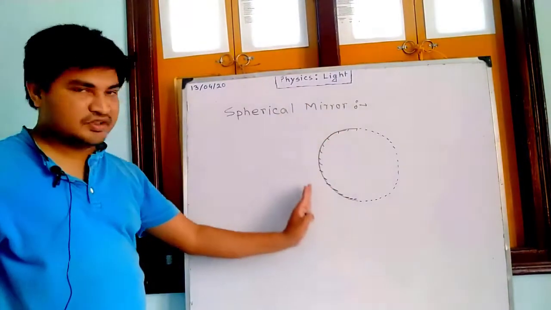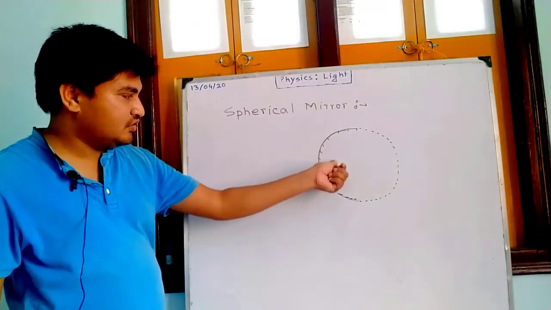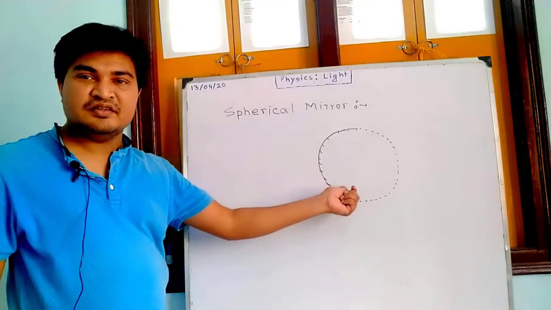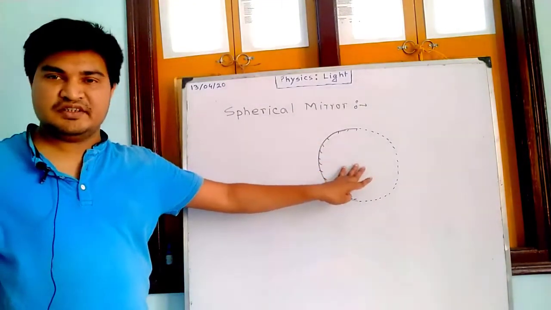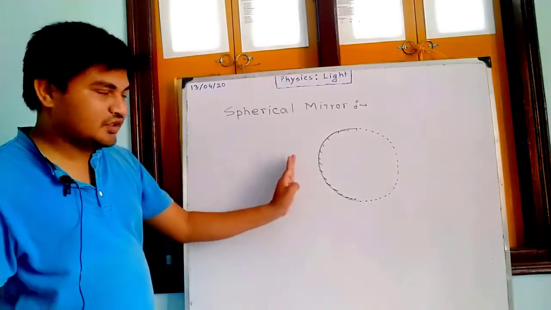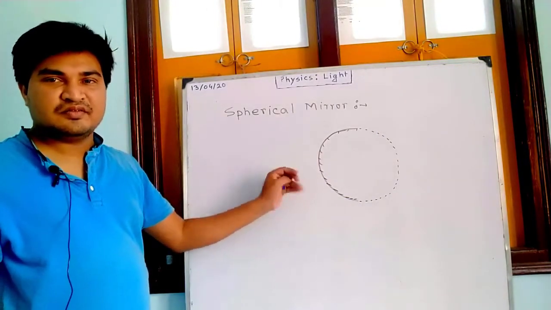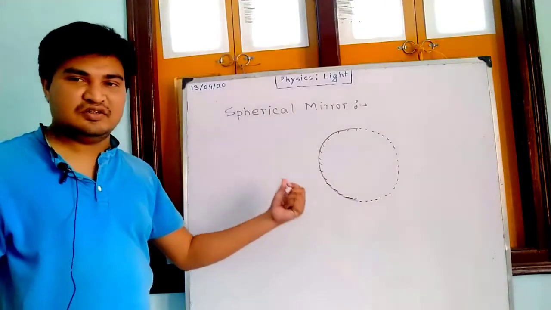And if the inner side acts as a reflecting surface, then this mirror will be called a concave mirror. When the outer side acts as a reflecting surface, this is called a convex mirror.